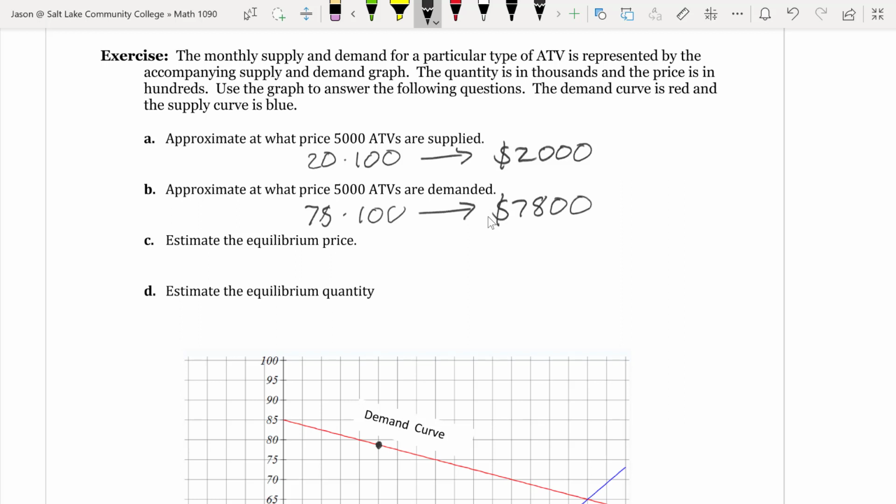So 5,000 ATVs will be demanded when the price is $7,800. Okay.